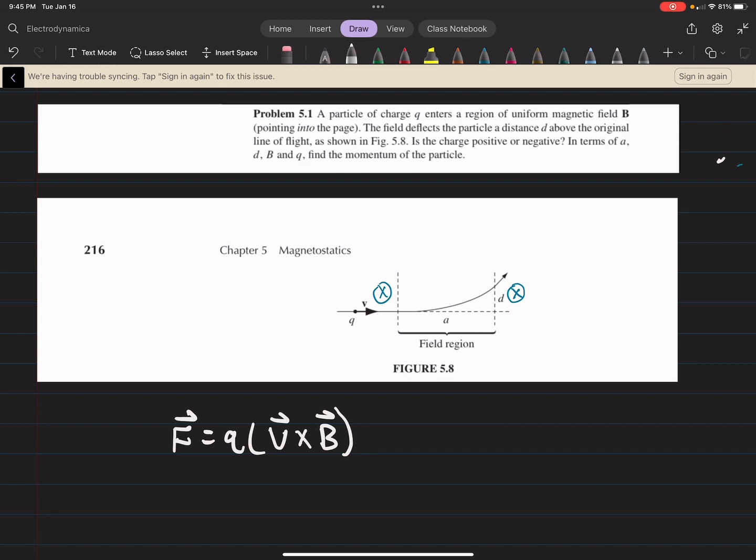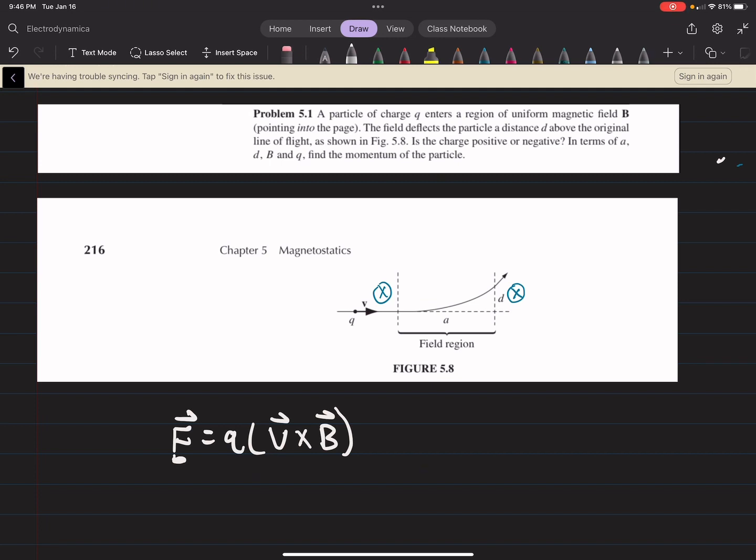So right-hand fingers in the direction of V, and then turn your right hand so that when you curl your fingers, it's pretty natural that it curls into the page. If you have it the other way, it would be kind of awkward. Now, your thumb will point in the direction of your force. So your force is in the positive y direction, basically up.